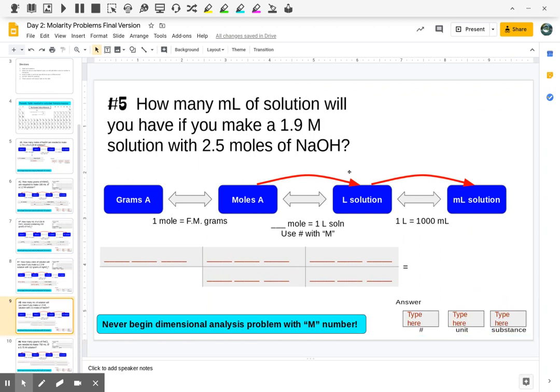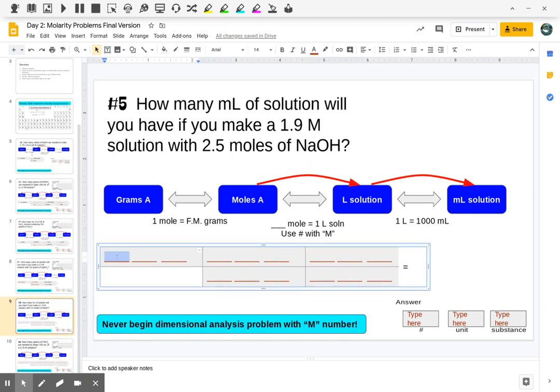All right, next example is number 5. If you follow the arrows here, you'll see that we're going from moles to liters to milliliters. We're not starting at grams, so we won't have to solve for the formula mass. We're going to start with 2.5 moles NaOH.